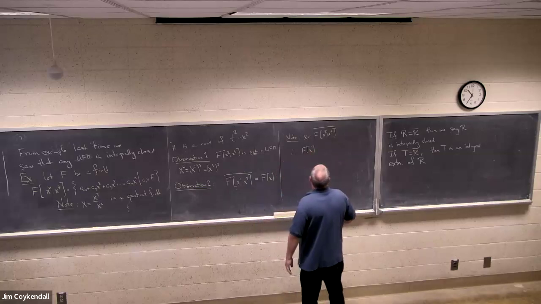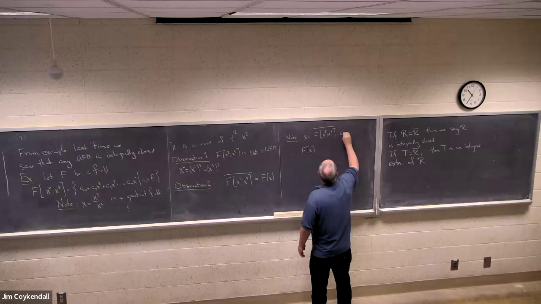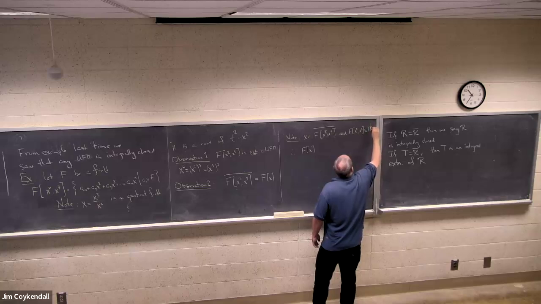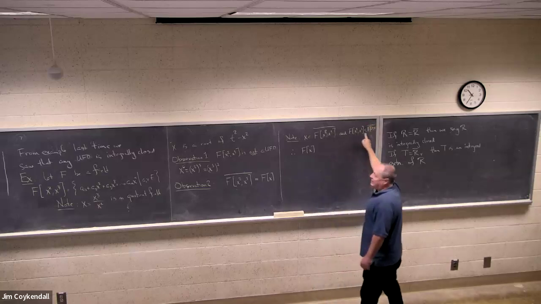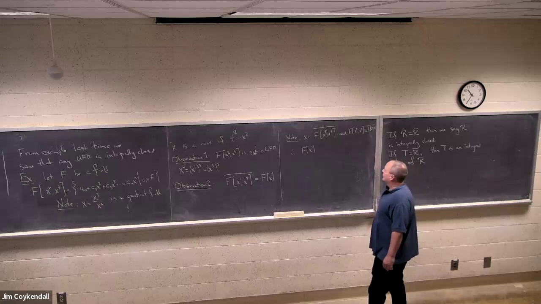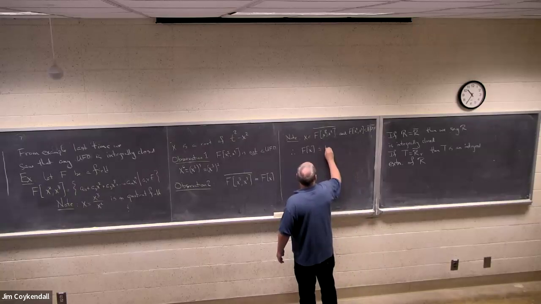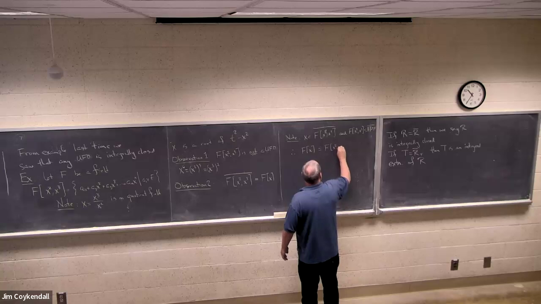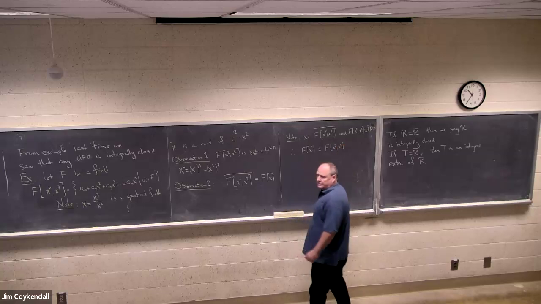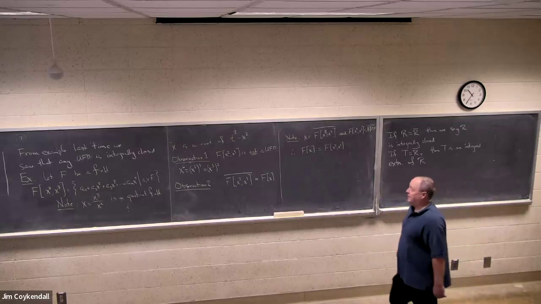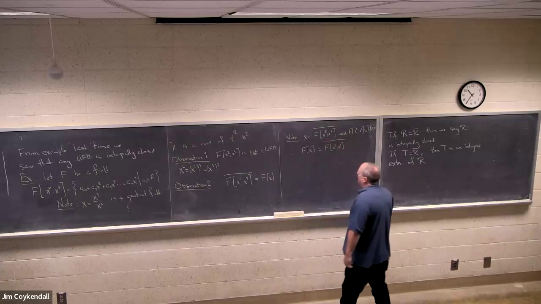And of course, this thing here is contained in the integral closure. So you have x and you have all of this, and therefore f of x must be contained in the closure. I definitely need that.